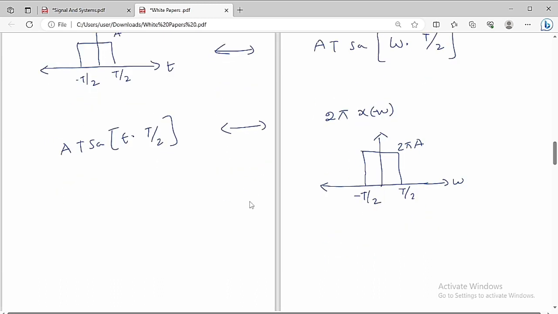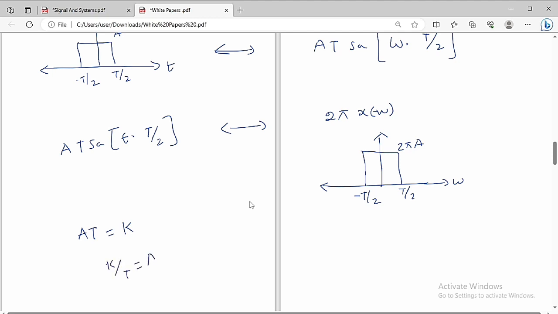So now what will I do? I will assume AT is equal to K. Then what am I going to get? Let us see here. If AT is equal to K, then what can I write?